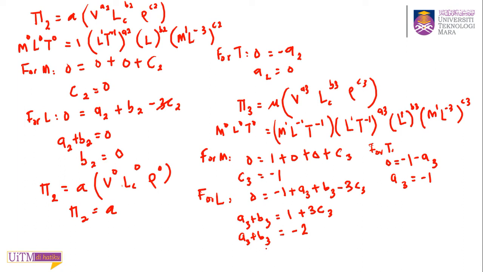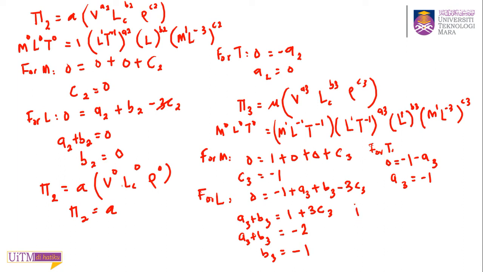So we know A3 is minus 1, so B3 will equal negative 2 minus A3. Minus minus, so this will be plus 1, so B3 is equal to minus 1. Right? Okay, so now you have found A3, B3 and C3.